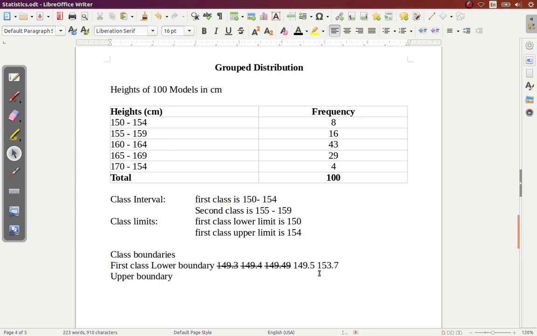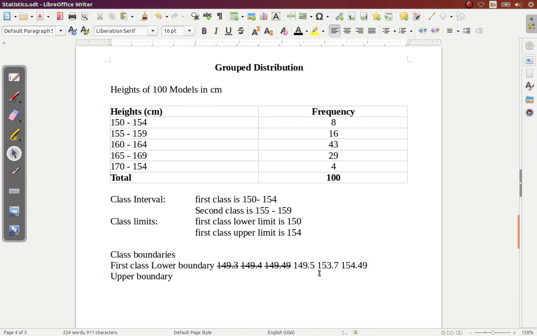You could go up to, suppose you had a measurement of 154.49. You would still include this in the first class because you would round it back down to 154.